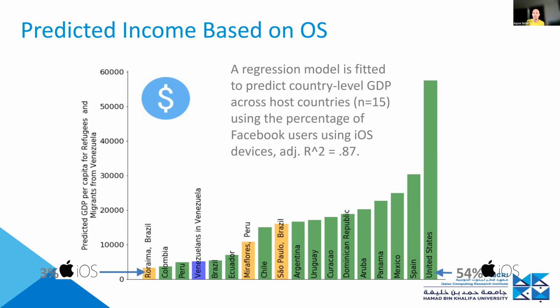This very simple model is then applied to all these other cases. So this is basically mapping from 3% to maybe $3,000-4,000 US, or from 54% to $58,000 US dollars.